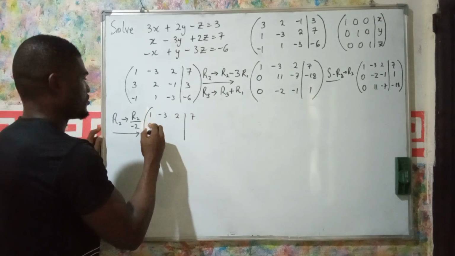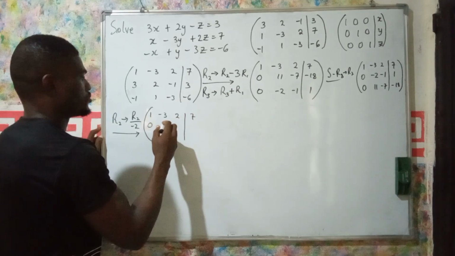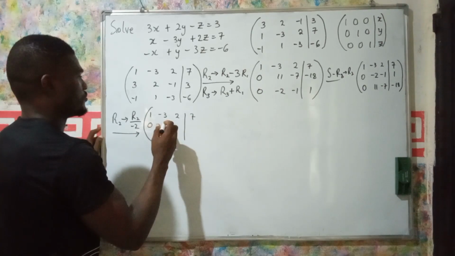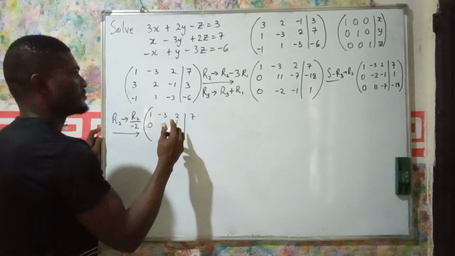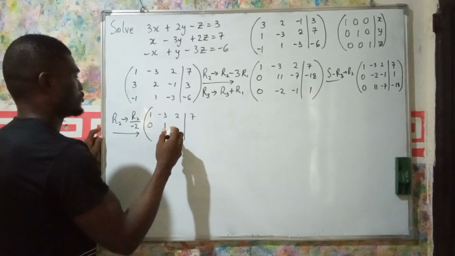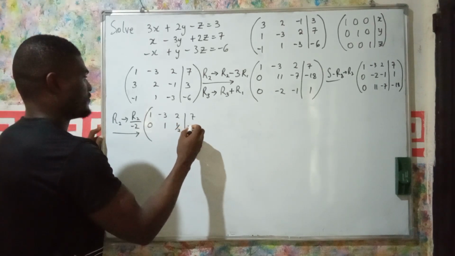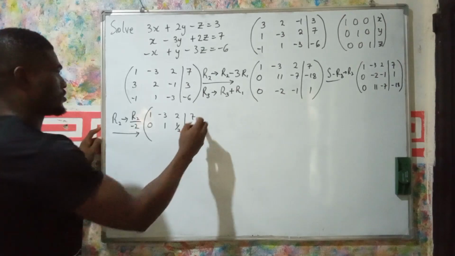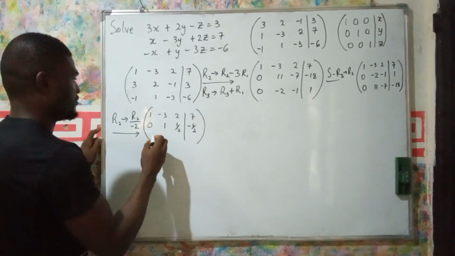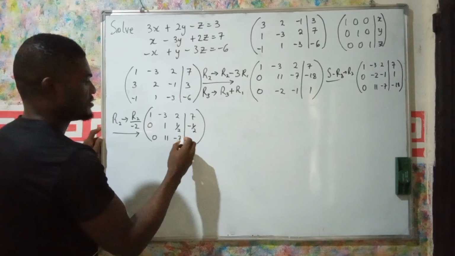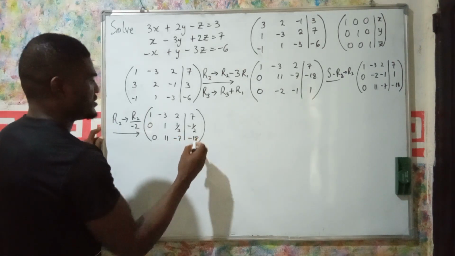Second row is now 0. Minus 2 over minus 2 is 1. Minus 1 over minus 2 is 1 over 2. And then here we have negative 1 over 2. Okay? And then here we have 0, we have 11, we have minus 7, and we have minus 18.